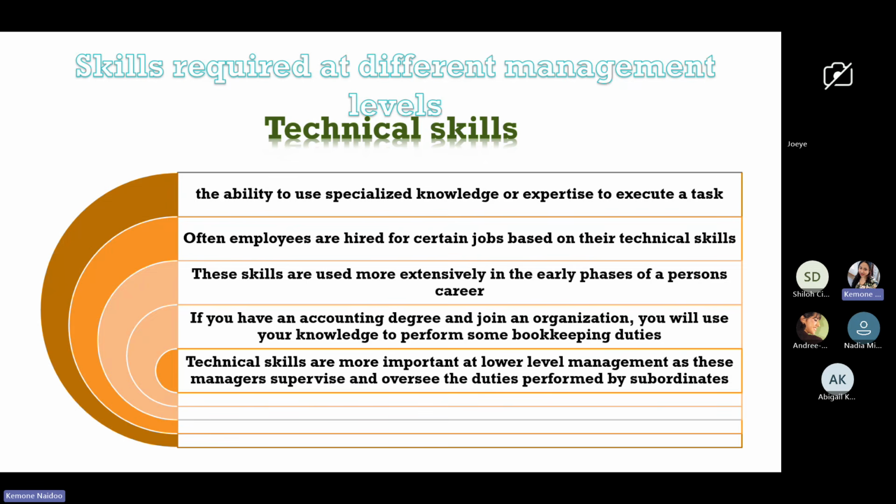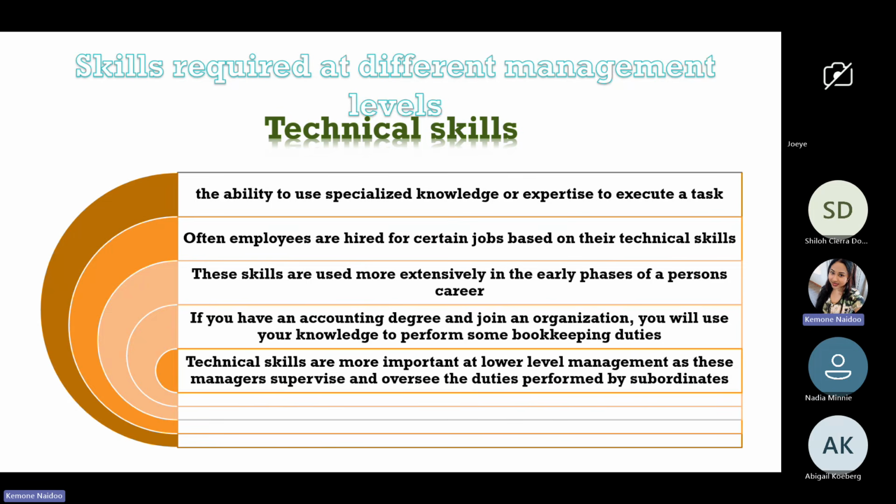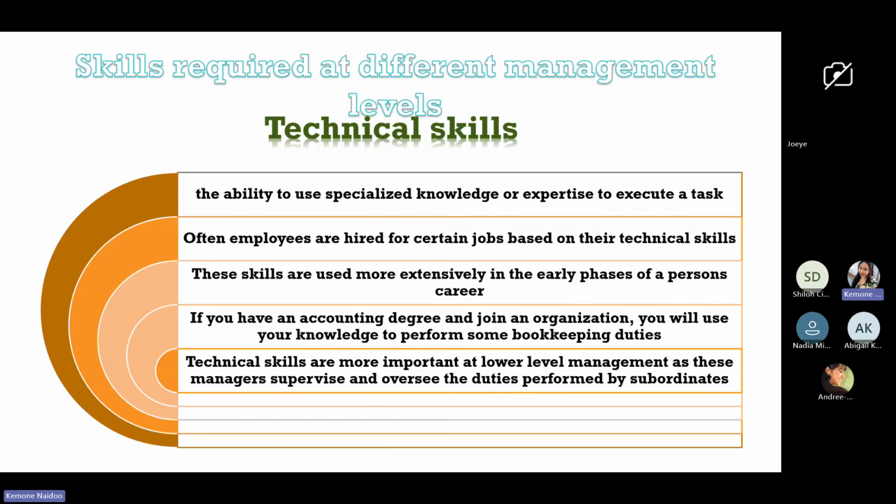So these technical skills are mostly needed at lower level because these are the skills that are important on a daily basis to run the business. Yeah, so knowing how to do things like track your finances, using accounting software, using different databases, working certain machines. Not everyone can do it, and that's why it is specialized knowledge. Okay, so it's most prevalent with the lower level.